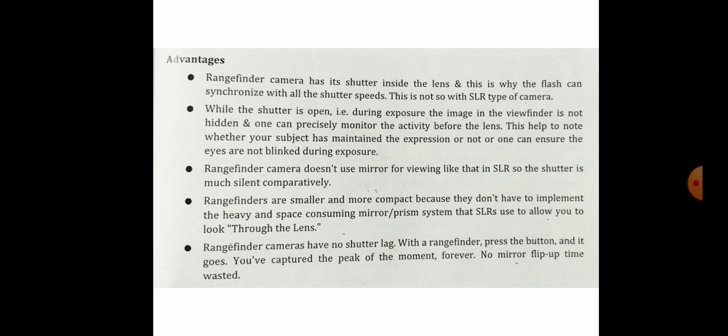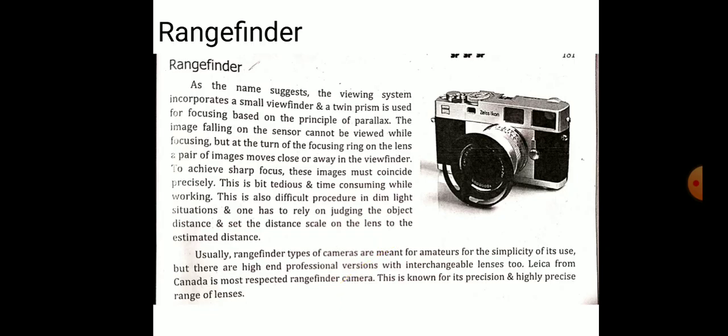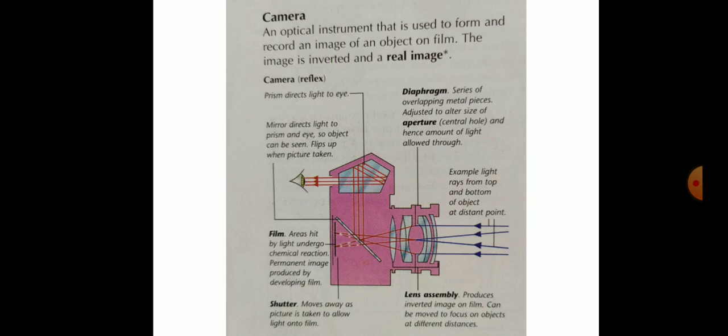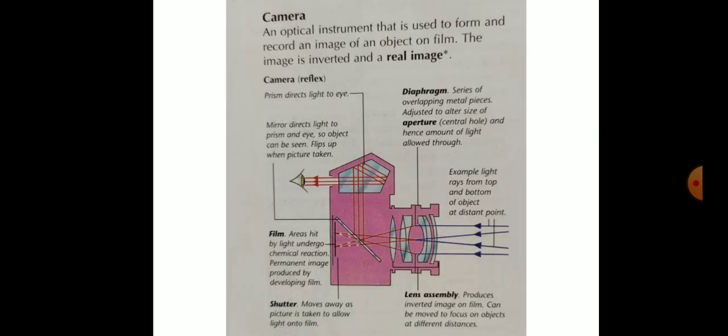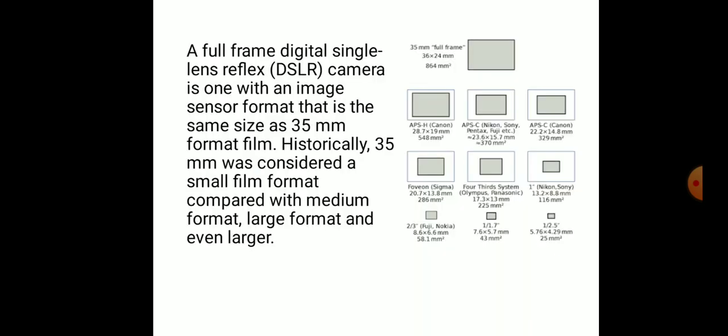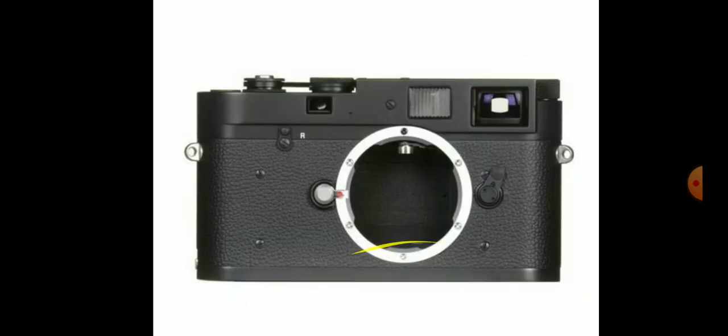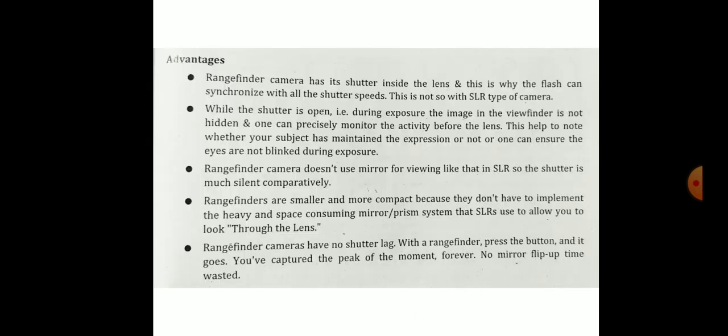But I want to tell you that in these images, in every anatomy, we observe the mirror at a 45-degree angle. Here also, the mirror is placed in this diagram. So this is basically the anatomy of an SLR, and in a rangefinder camera you will not find a mirror placed at a particular angle.